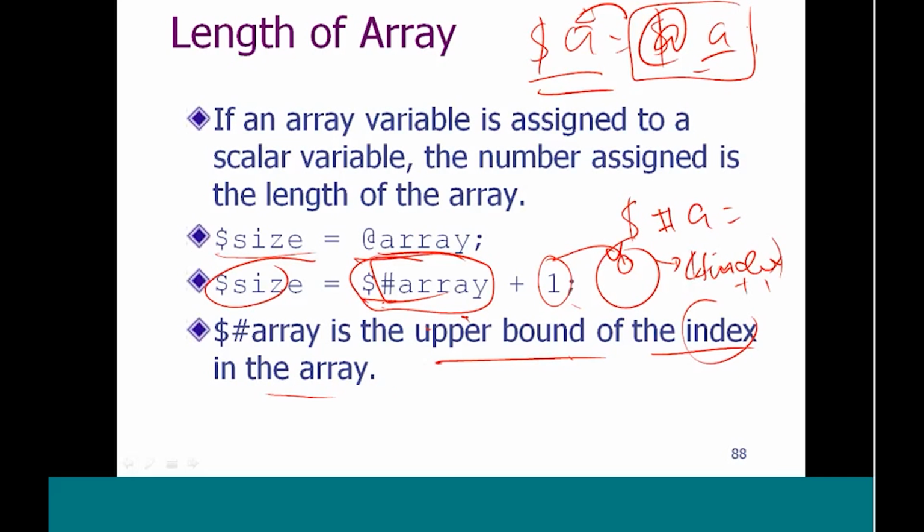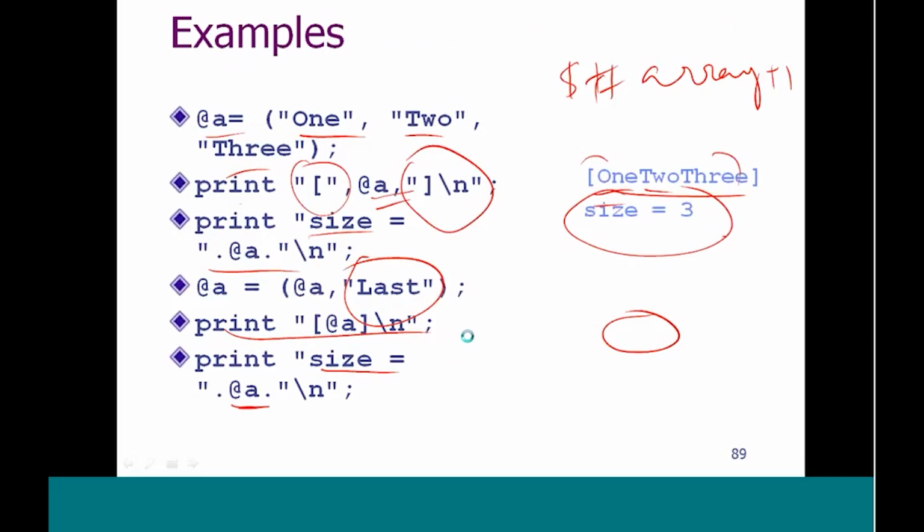Length of an array. So this is another way to get the array length, which is dollar hash array name. Or here we also mentioned that the dollar size is dollar array. So when we specify the dollar, that changes the context into a scalar context, and then we get the length of the array. So I hope you remember that.